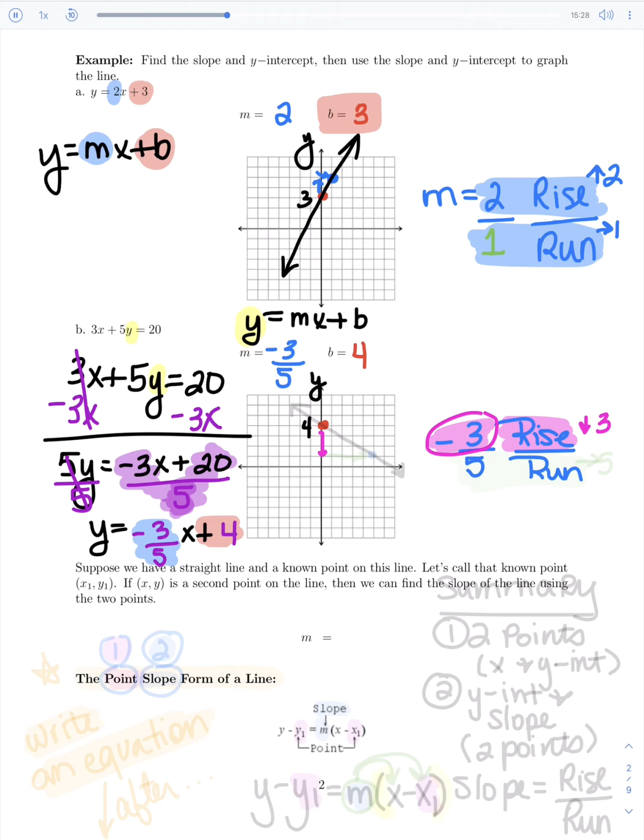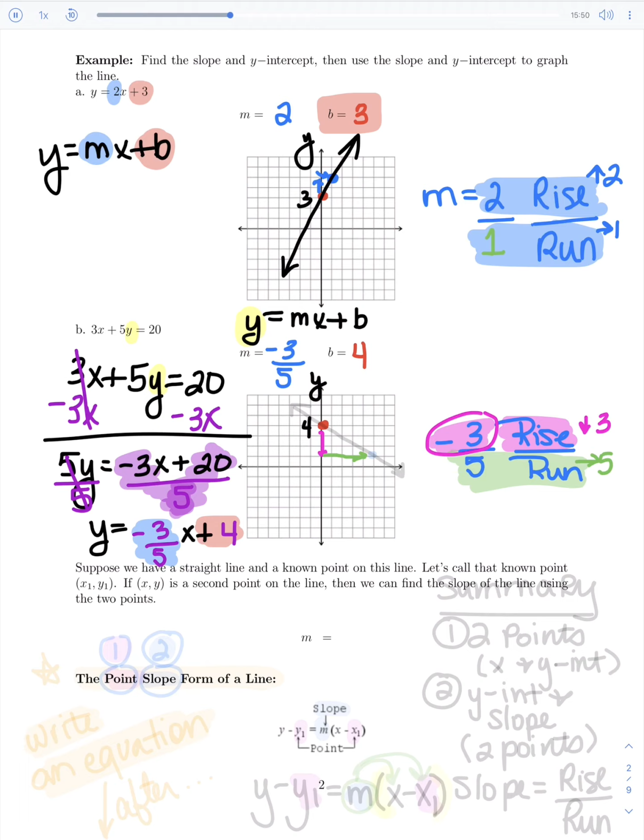And then my run, according to this one, is positive 5 because I've already used the negative. Well, if the run is positive, that means we're going to go to the right 5. So we'll go to the right 5. 1, 2, 3, 4, 5.